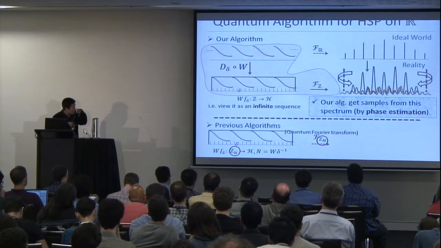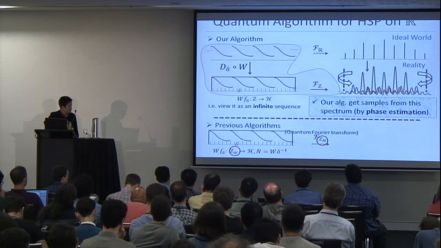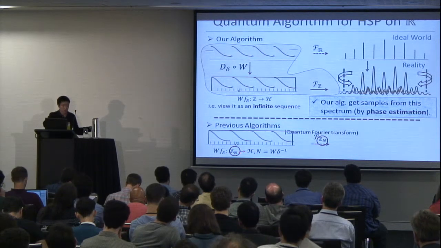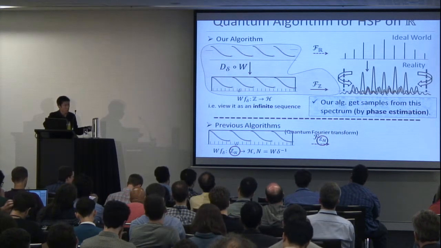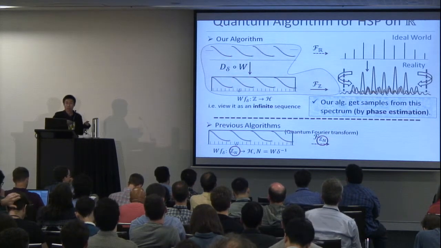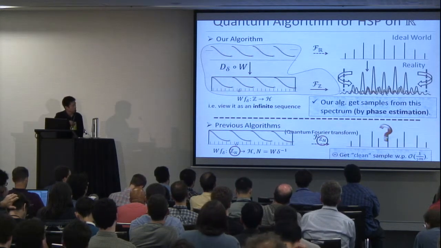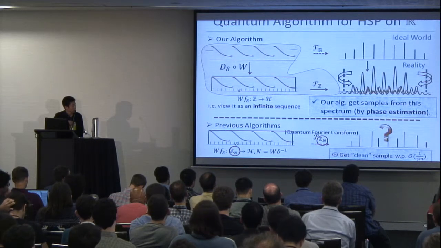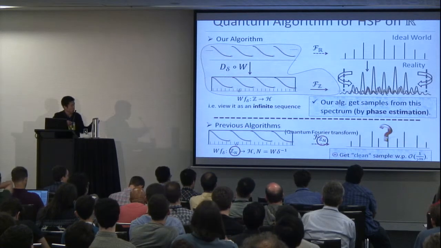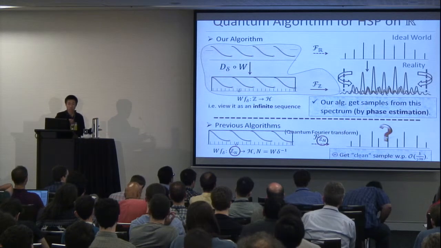In contrast, previously, this function after truncation and discretization was usually considered a function over a finite group, and then the quantum Fourier transform is applied, which performs the discrete Fourier transform on a finite group. It is hard to analyze the resulting Fourier spectrum directly. Existing analysis only shows that we can get a clean sample with probability 1/2 to the m, and this obviously fails in high dimensions.